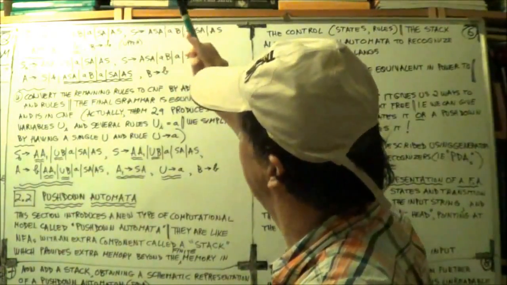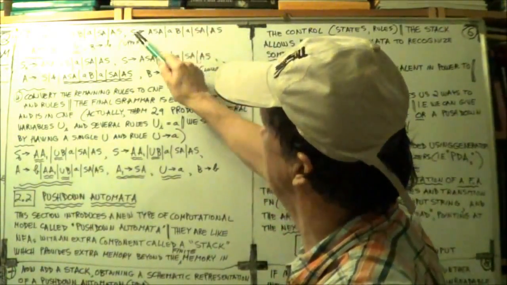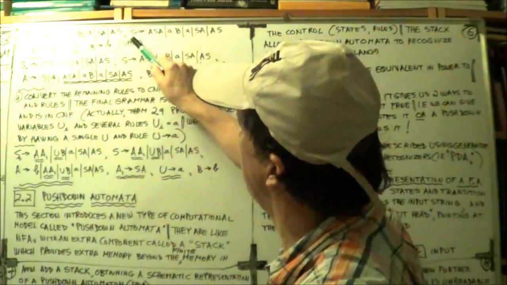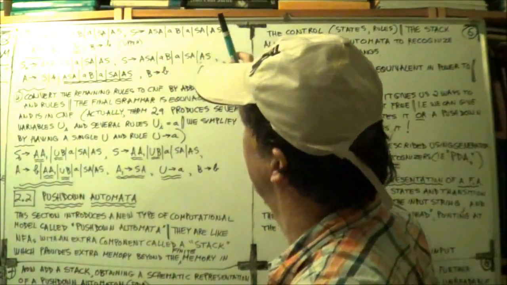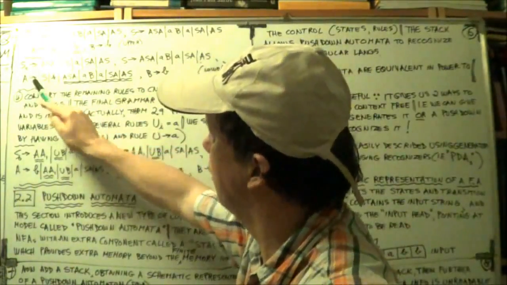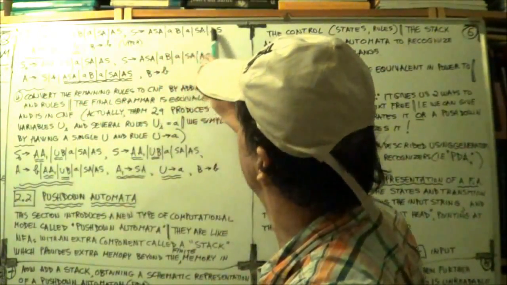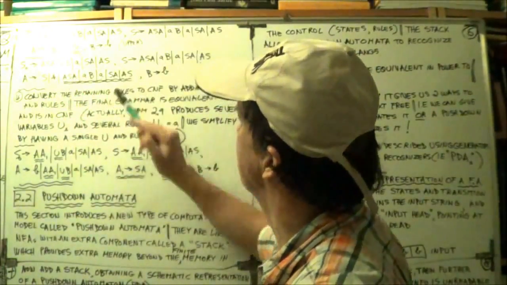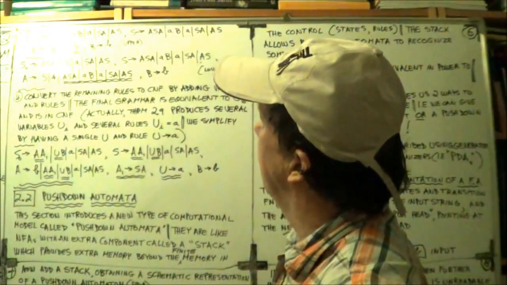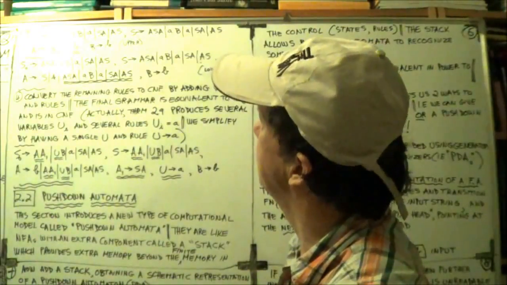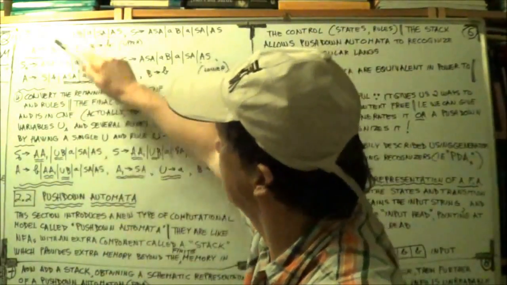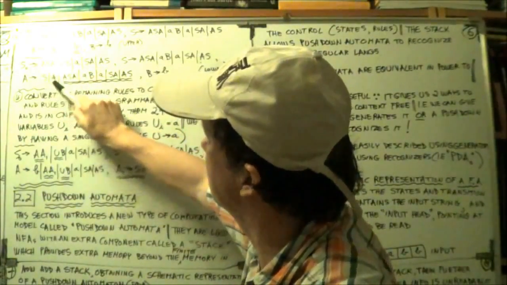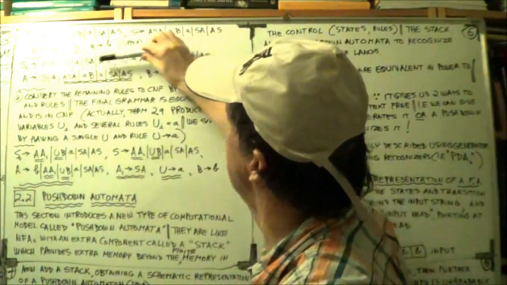So A arrow S gets removed, and the rules you add will be A arrow all this stuff. So 1, 2, 3, 4, 5 rules you add, and underlined. So the B's gone, you just got SB here, little b, so that makes sense.